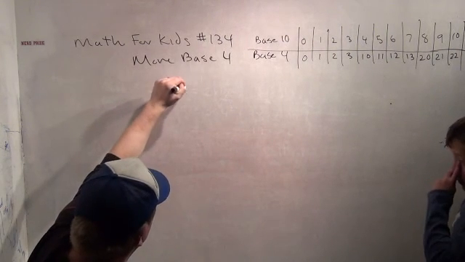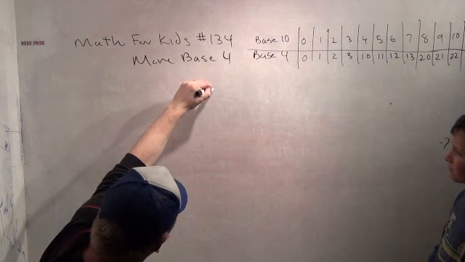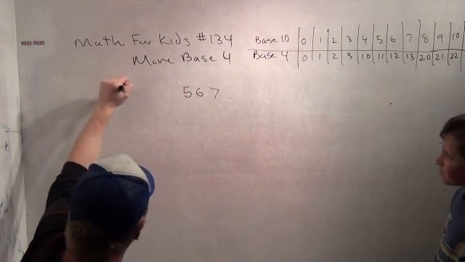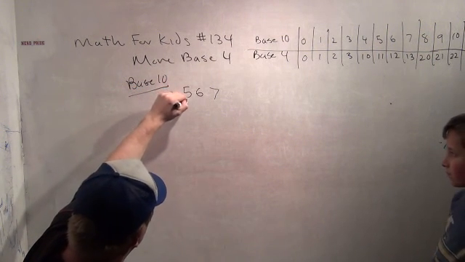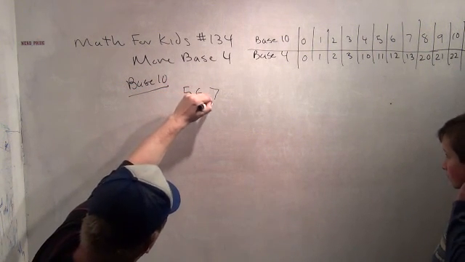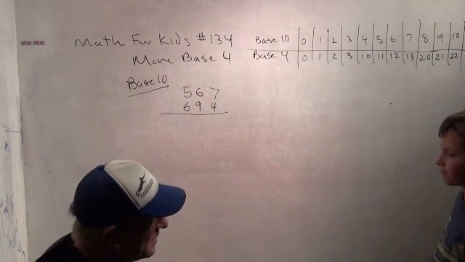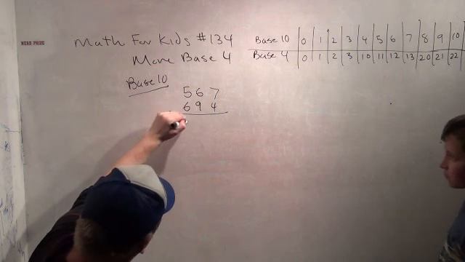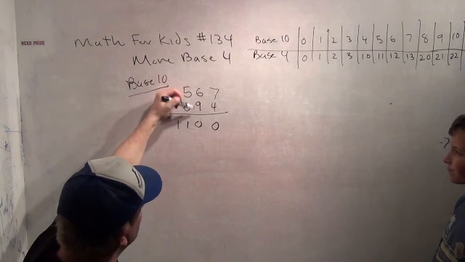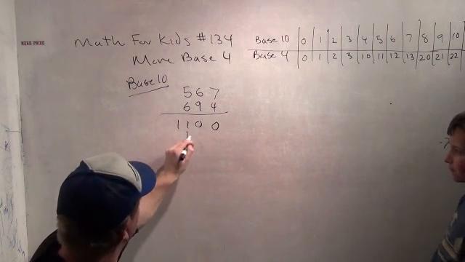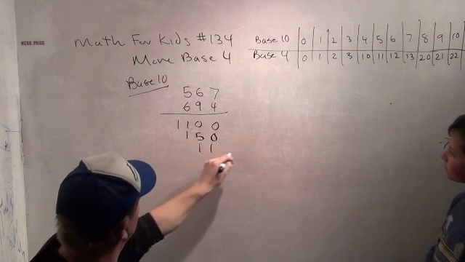Okay? If we have a number, now this might not be the way that everyone adds, but if we have the number 567, this is in base 10, plus, I don't know, 694, we could just add this, right, and say that this was 1,100, 500 plus 600. 60 plus 90 is 150. 7 plus 4 is 11.